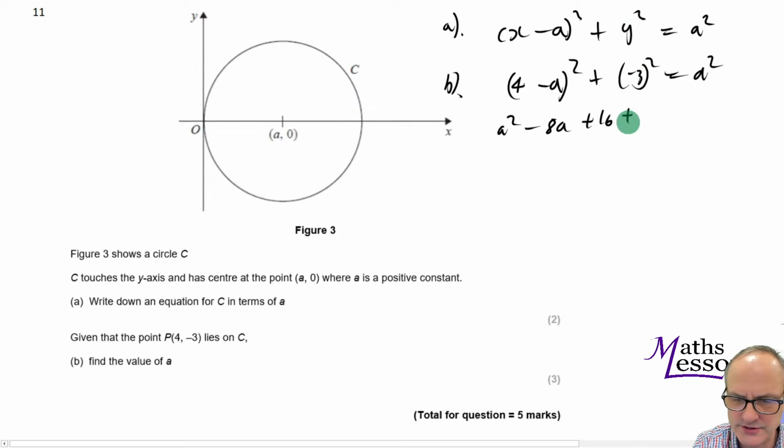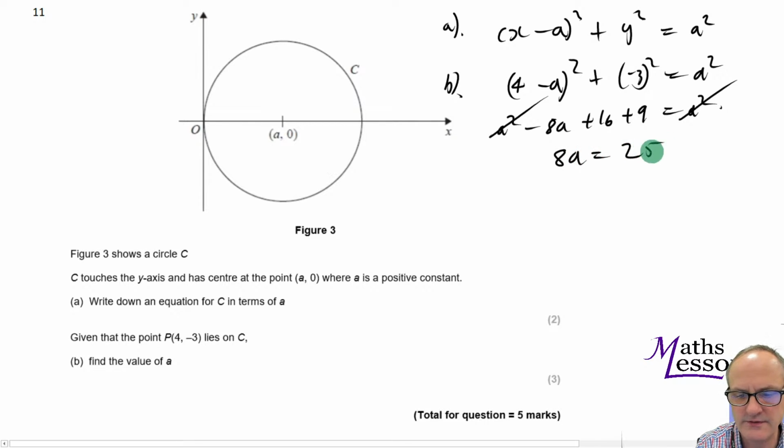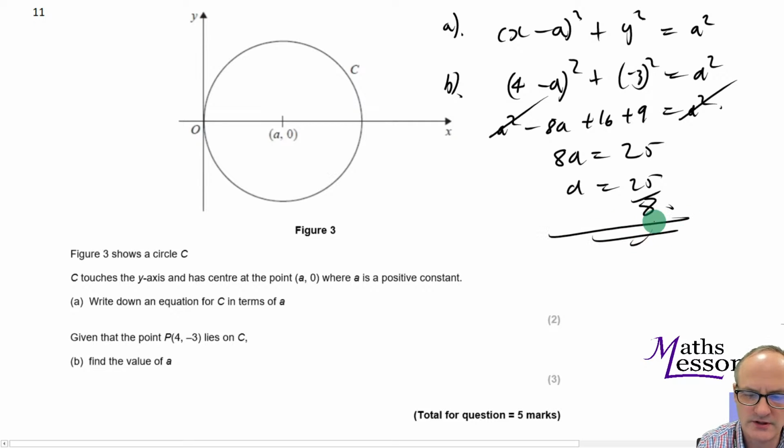So we're going to get a plus 9 here, equals A squared. So the A squareds cancel, and we're left with 8A will equal 25. So therefore A equals 25 over 8 is our final answer to this question.